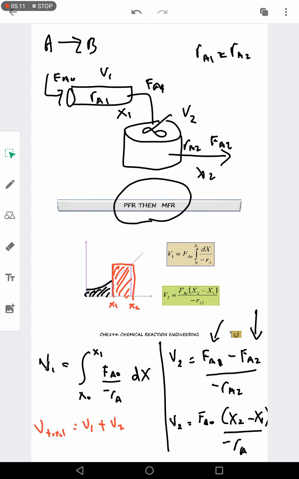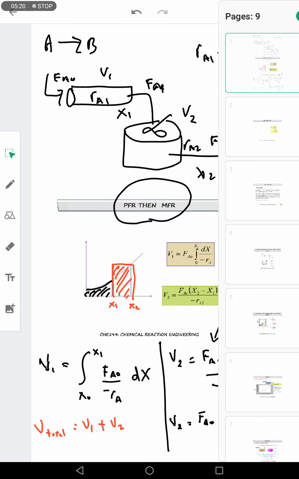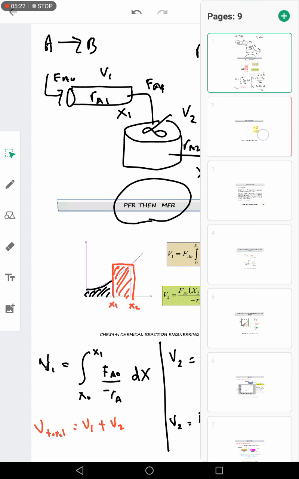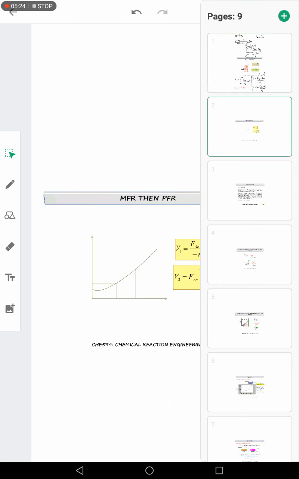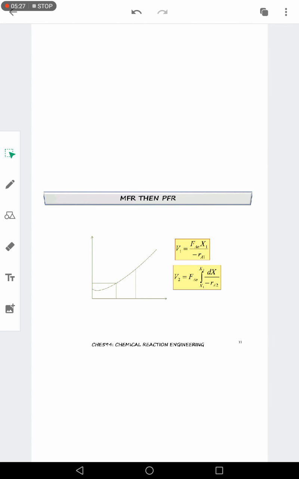Okay, then ini adalah combination PFR and MFR yang mana kita kira arrangementnya adalah PFR dulu kemudian MFR. So let's have a look at what happens if the arrangement is first MFR then PFR.